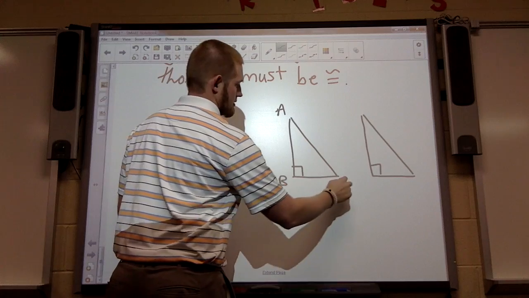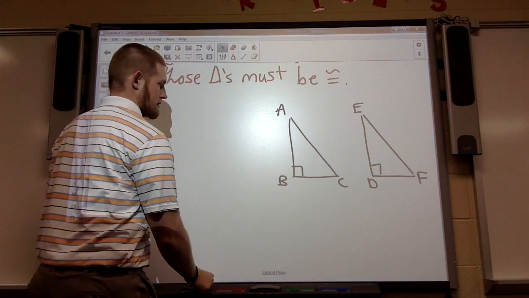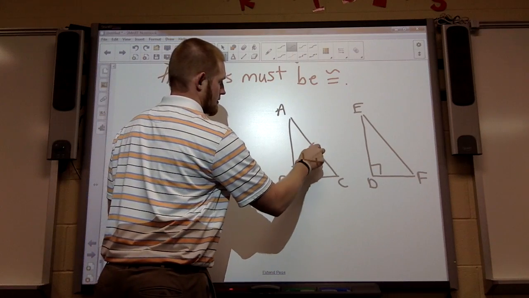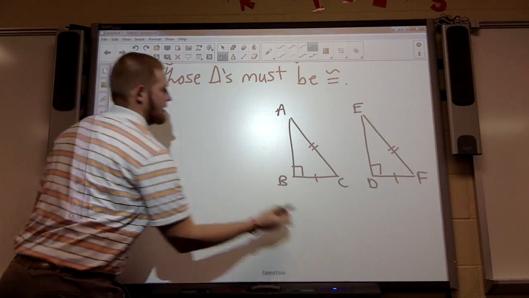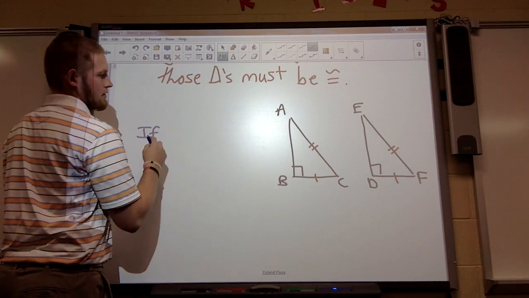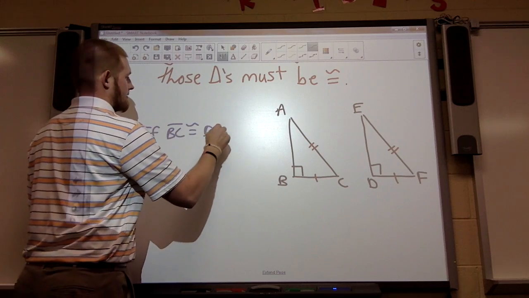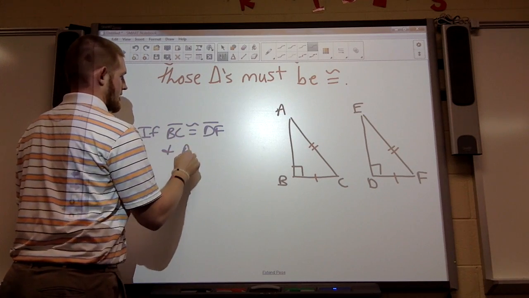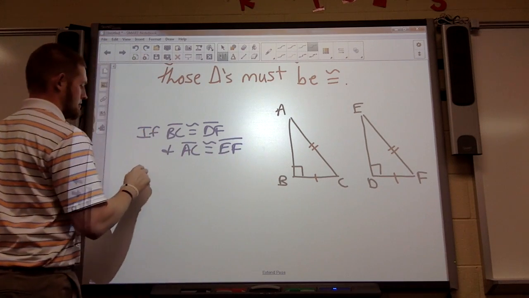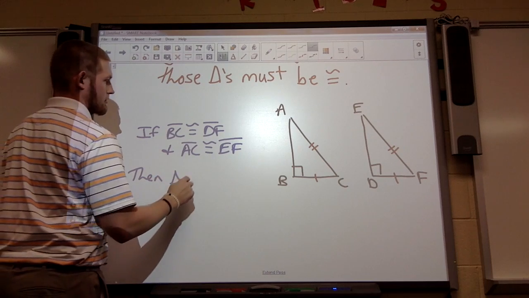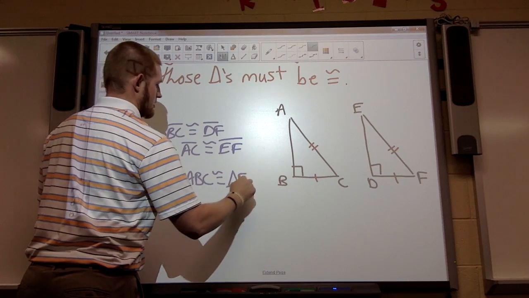A, B, C, D, E, F. Okay. If BC is congruent to DF and AC is congruent to EF, then triangle ABC is congruent to triangle EDF.